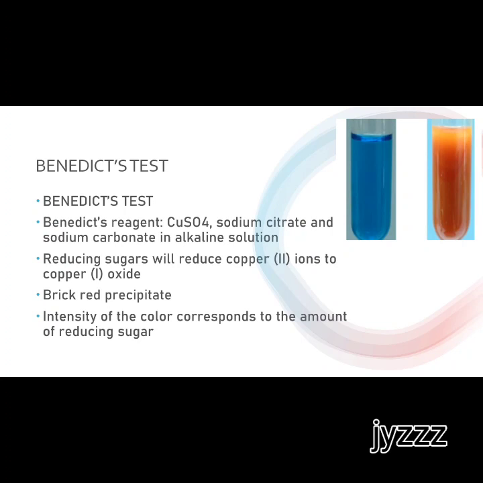Also, just like with your Fehling's test, in the presence of your reducing sugar, your copper 2 ions are reduced by your reducing sugar to produce your copper oxide, giving you a brick red precipitate.